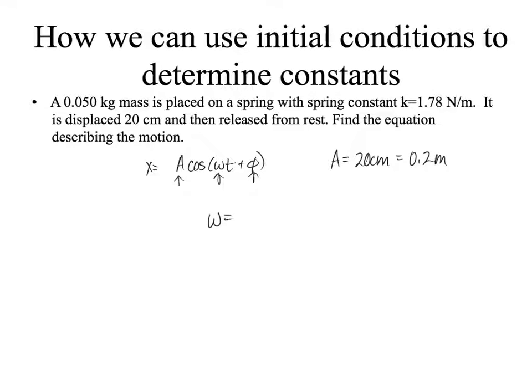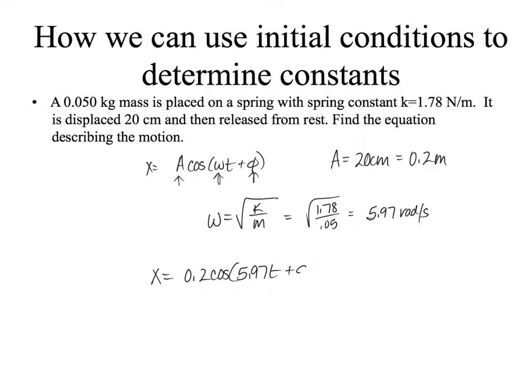We can find omega as the square root of k over m, which is equal to the square root of 1.78 over 0.05, and that turns out to be 5.97 radians per second. And so I'm almost there. So far, x is equal to 0.2 cosine of 5.97 t plus phi. And so then I want to use my initial conditions, which says x is equal to 0.2 at t equals 0.